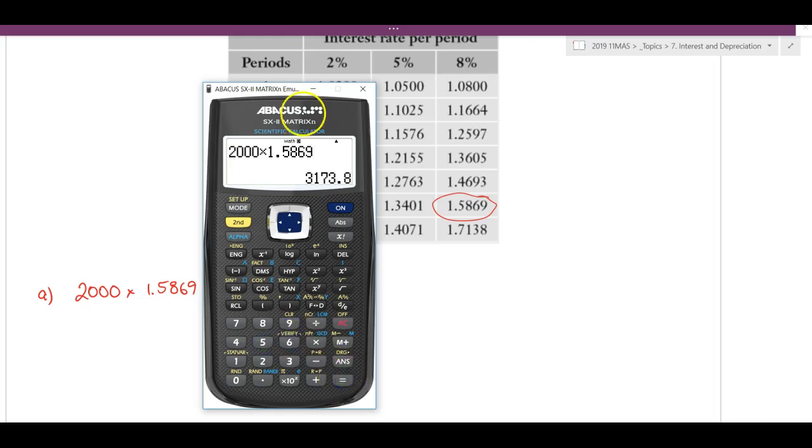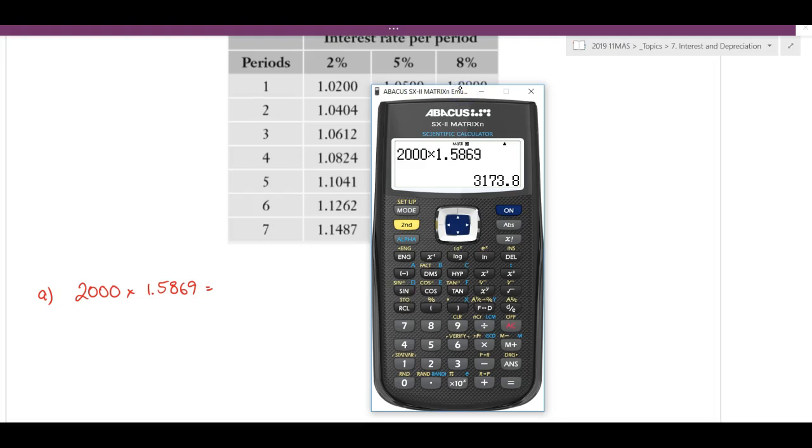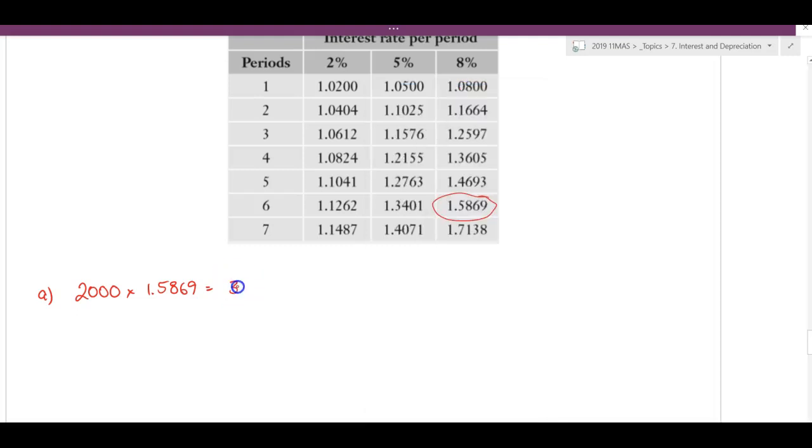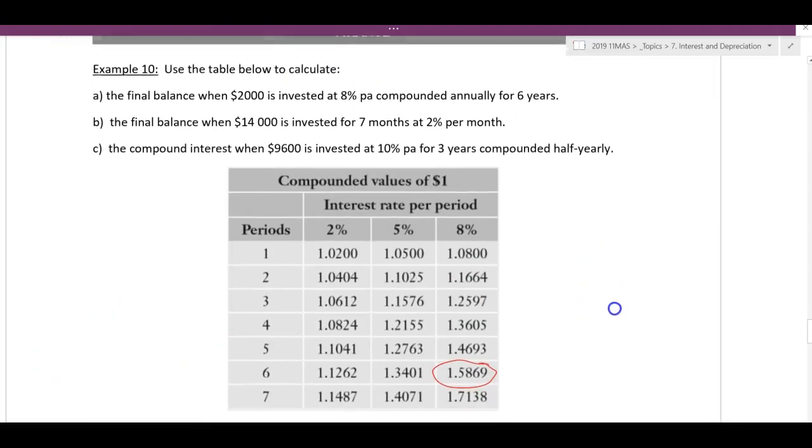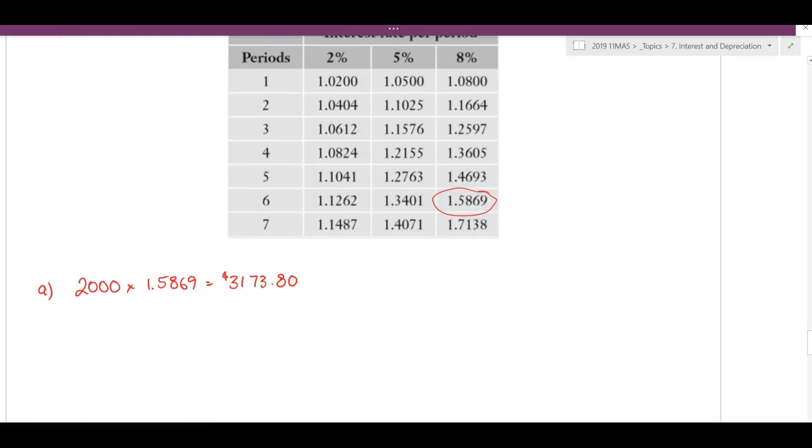And I get $3,173.80. Okay, this first one, just check the final balance. I don't want the interest, I want the final balance. That's what I'm after there. You can see it's a little bit more than I started.